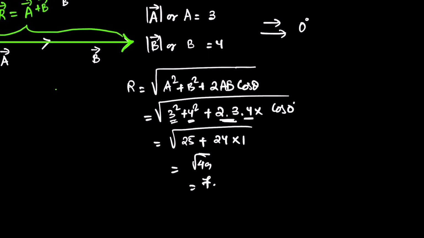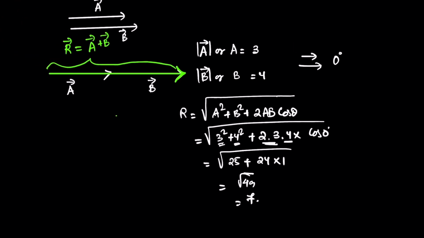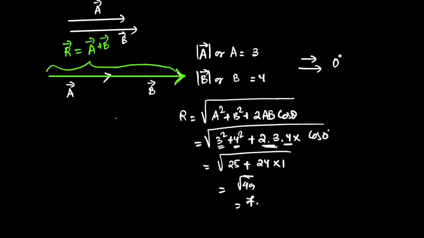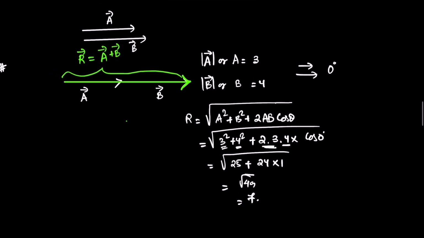So in short, any two vectors, if they're in the same direction, A vector and B vector in the same direction, then the resultant is the sum of the magnitudes.